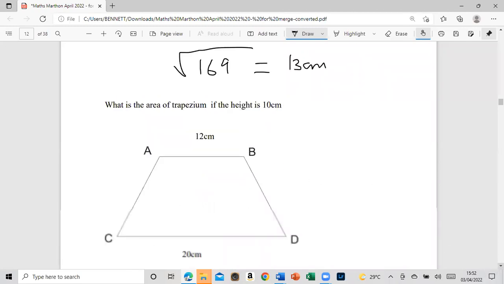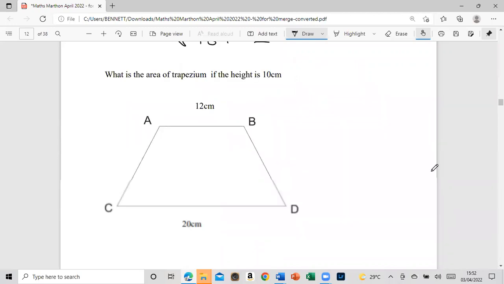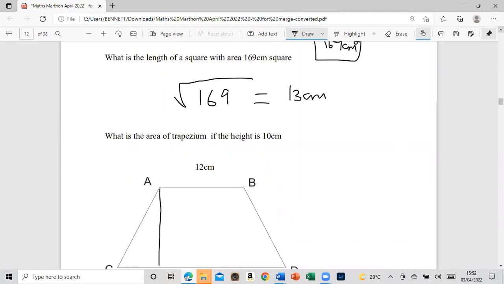Remember, they said that the area is 169.